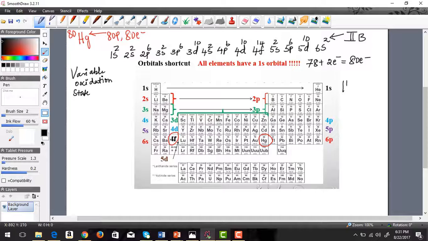Mercury can technically lose both of its valence electrons and be Hg2+, or it can lose only 1 and remain as 1+. This is a transition metal, so it can have multiple oxidation states depending on what it is getting paired with. So now that's the correct sequence.